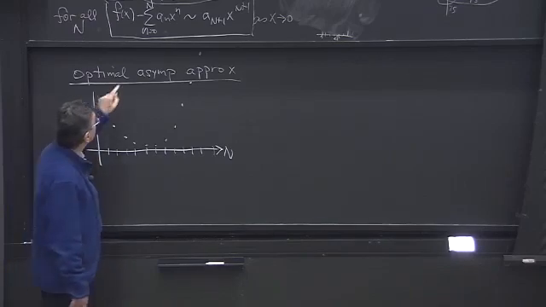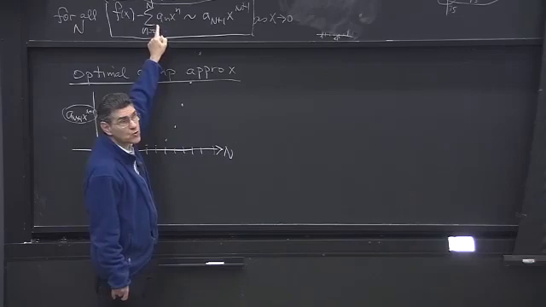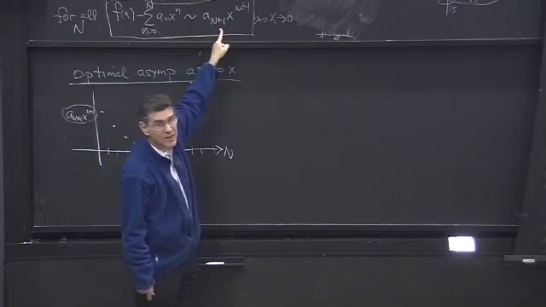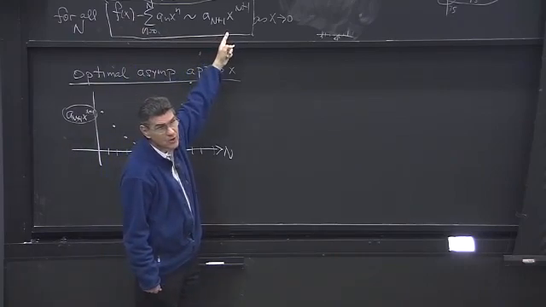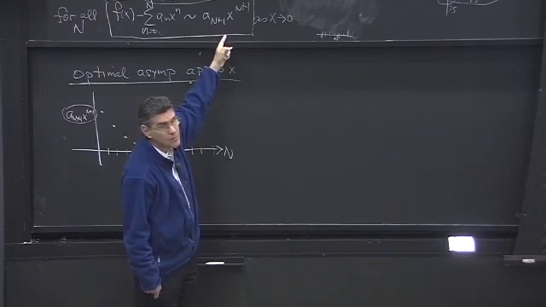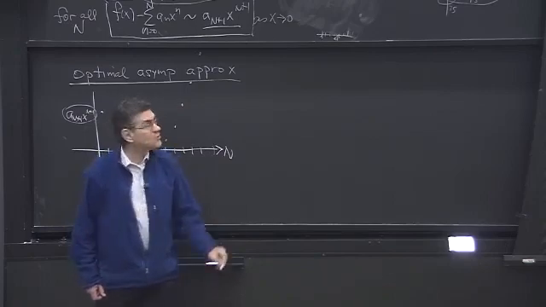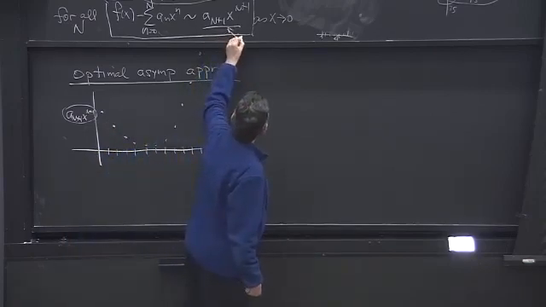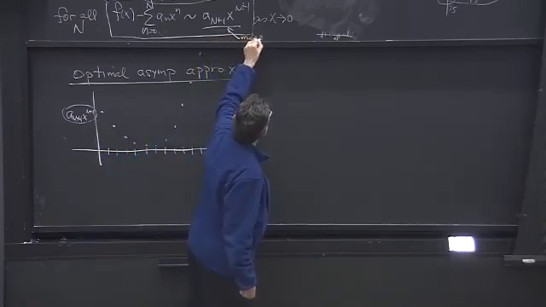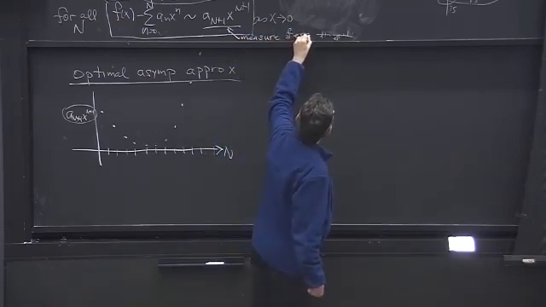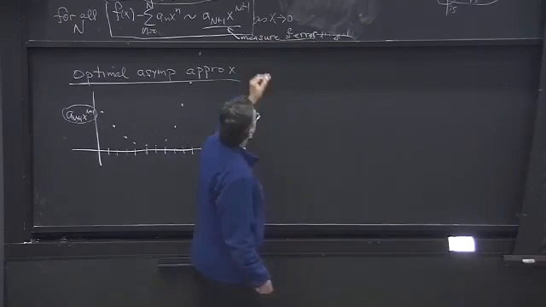So if you ask, how close does the nth partial sum come to the function you're trying to calculate, it comes approximately that close. It becomes exactly that close as x goes to 0, but when x is small, it comes approximately that close. So this is a measure of the error in the asymptotic approximation.